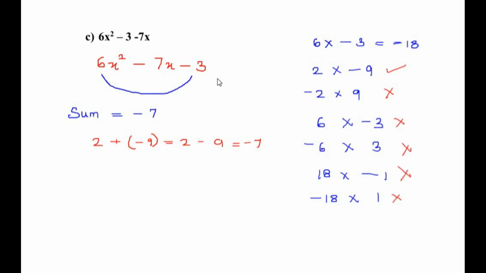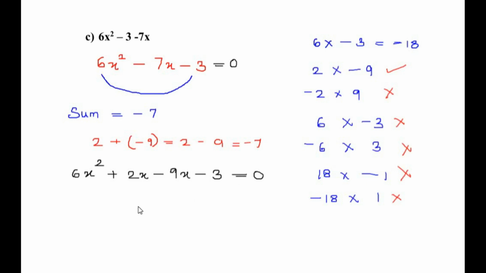So let us now split the given expression and write it as 6x square, and minus 7x splits up as plus 2x, that is the first term we have taken here, and minus 9x minus 3, and this all will be equal to 0 since we are finding the zero of the polynomial.